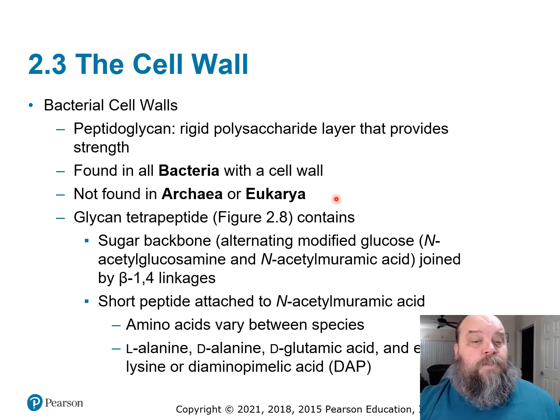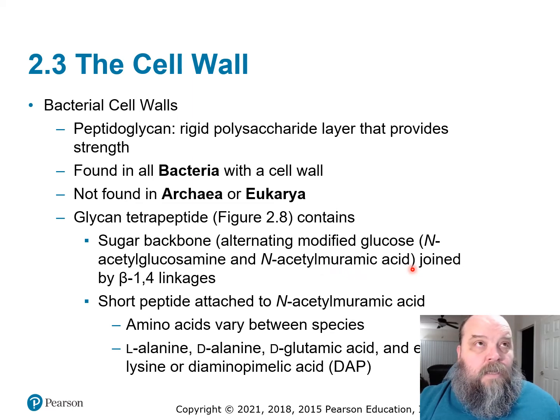The peptide portion of this peptidoglycan is actually a tetrapeptide, tetra 4. So it's 4 amino acids. You're going to have a sugar backbone that's made up of 2 sugars, N-acetylglucosamine and N-acetylmuramic acid.